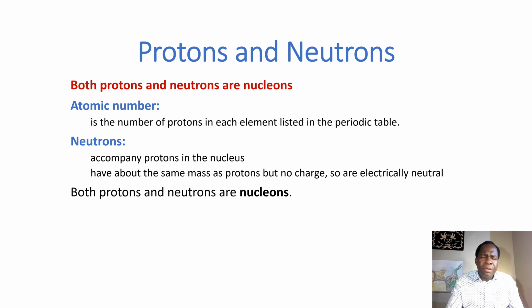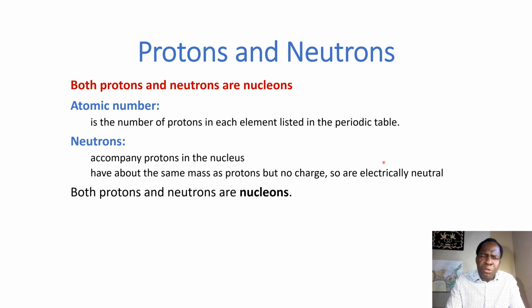When you take the periodic table, it's full of elements, and the number of protons inside each element is the atomic number of that particular element. Neutrons accompany protons in the nucleus.